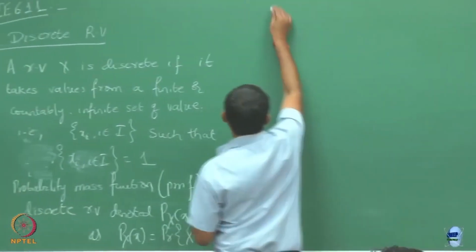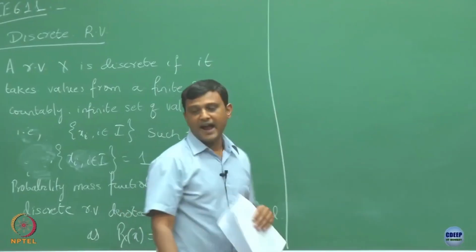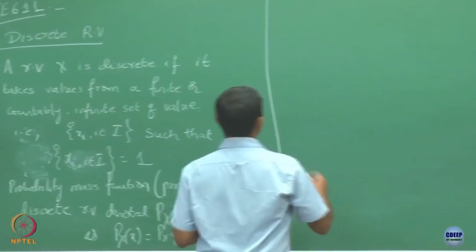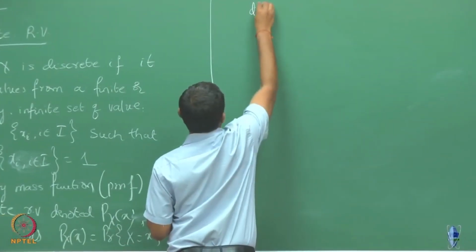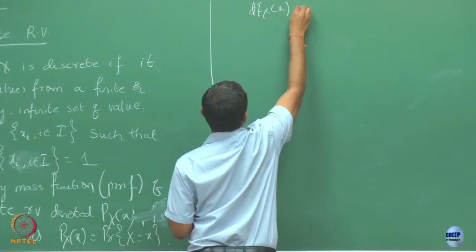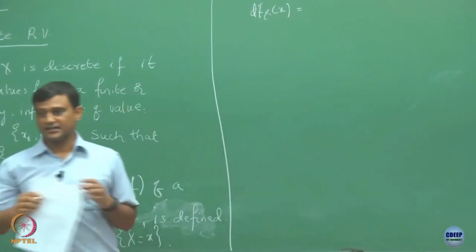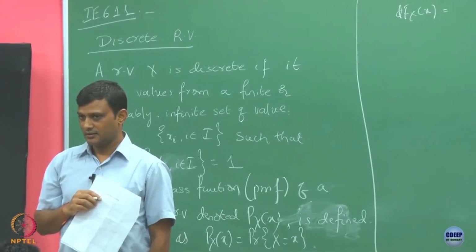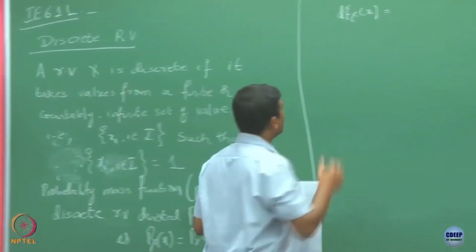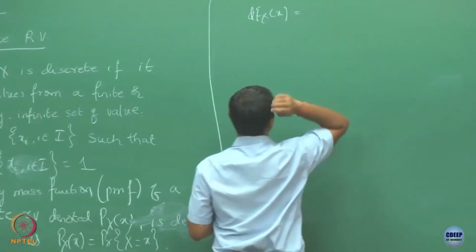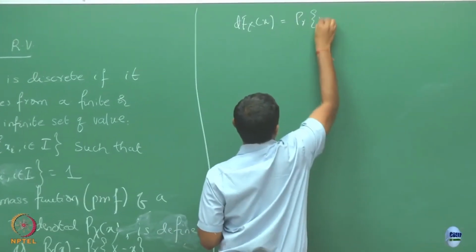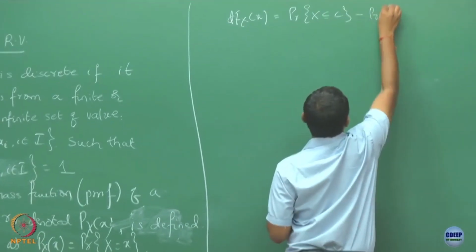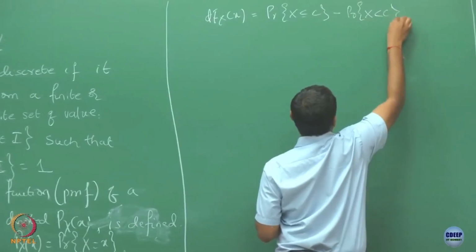So is there a relation between this probability mass function and the CDF then? We have defined something called F of x, right? We defined it in the last class. What did this say? We just said that this is nothing but the probability that x is less than or equal to c minus the probability that x is less than c.